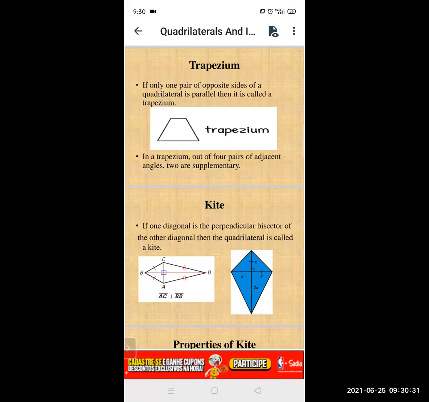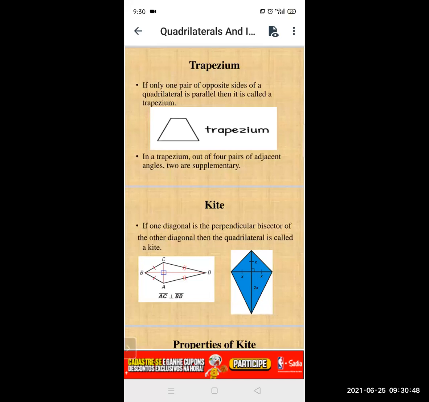But in a trapezium there is only one pair, up and down. It may be up and down or it may be sidewise. Whatever the lines are, if they are parallel, then it is called a trapezium.